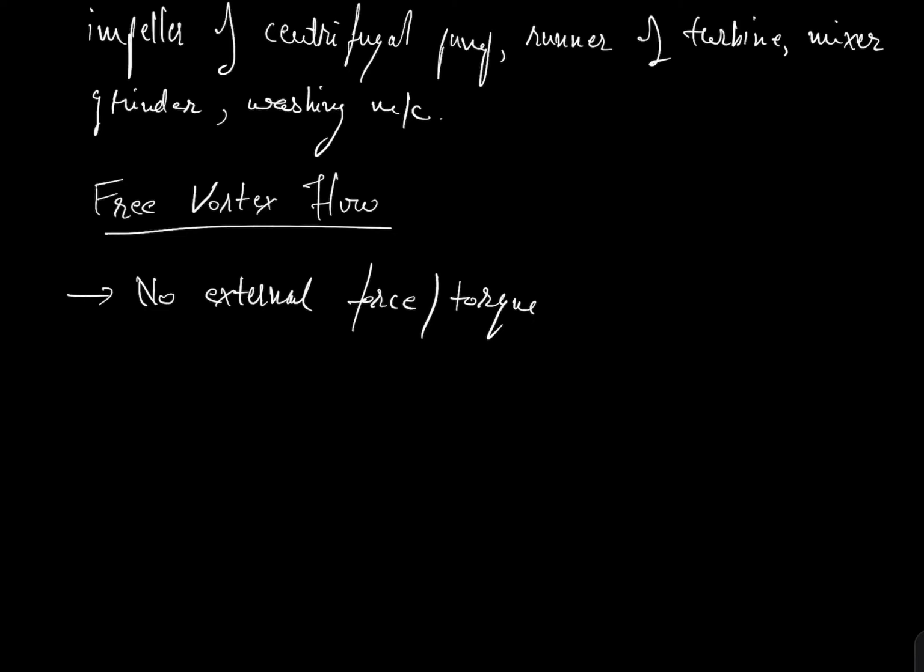Even then, if the fluid is rotating, moving in a curved path, then the flow is called a free vortex flow, because it doesn't require external force. External stimulus is not required for that flow to happen. So why will it rotate? It must rotate due to natural phenomena. We will see the examples, you will get what I am saying.